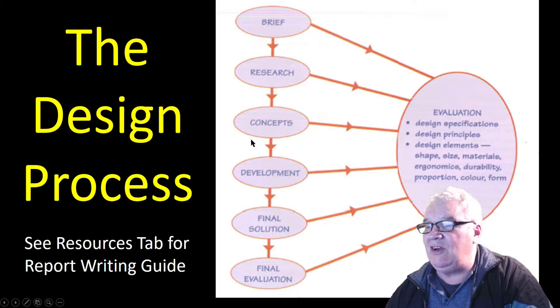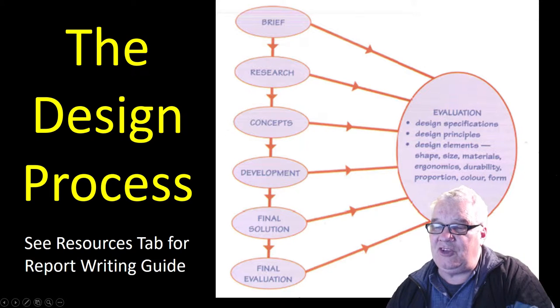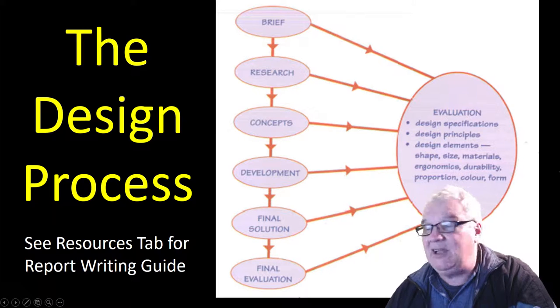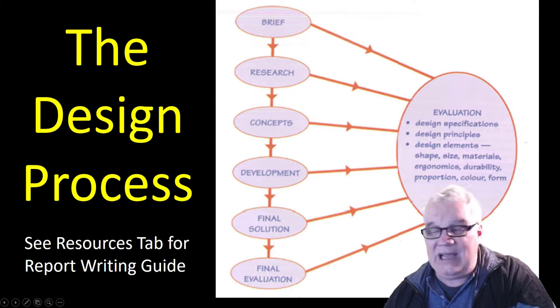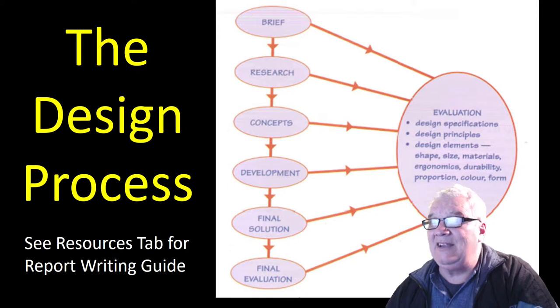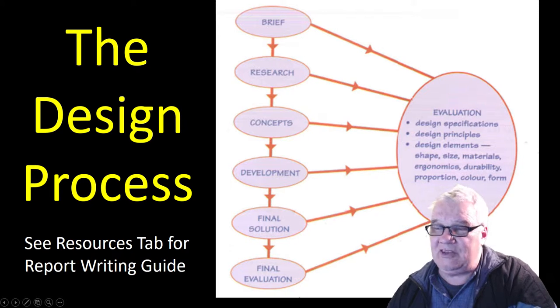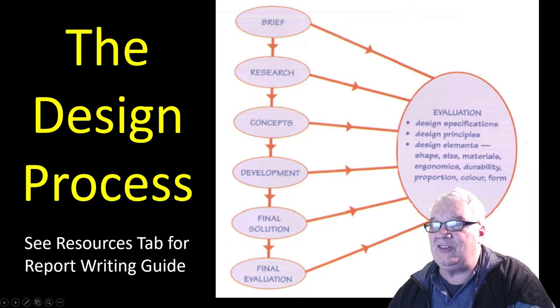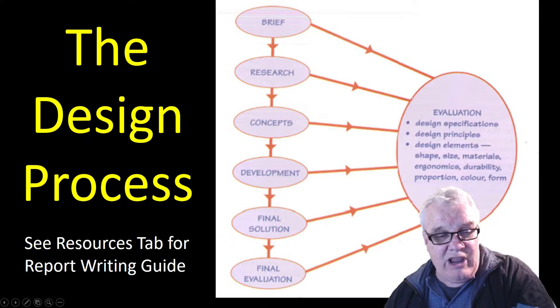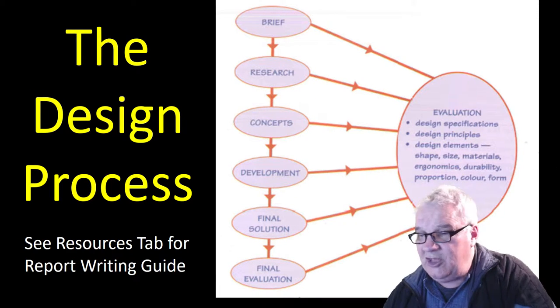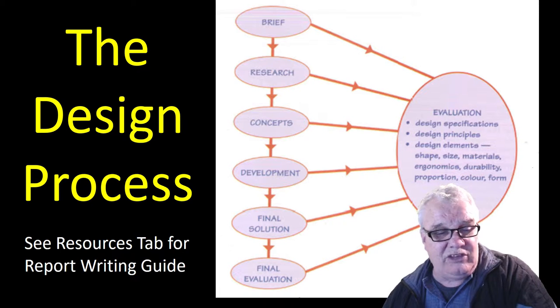Okay, moving on. The design process. Yes, your report should be coming together now and getting ready for hand in next Monday. Or Monday week, or next Monday, yes. Getting ready for hand in and completion. Remember to use your strengths. Get the best person to write the job, the most meticulous person to do the proofreading. Everybody has strengths and weaknesses.